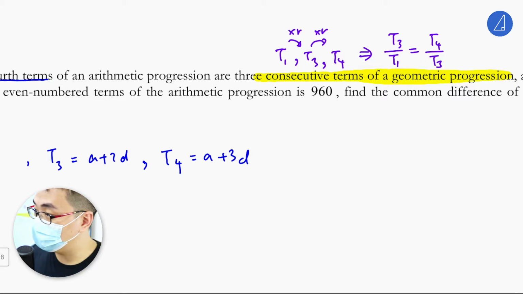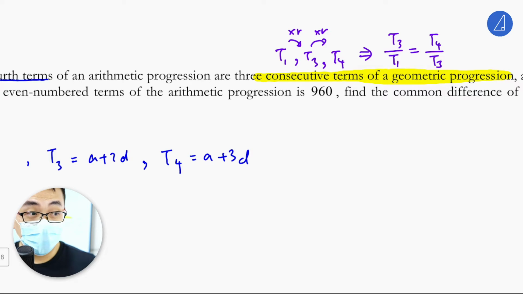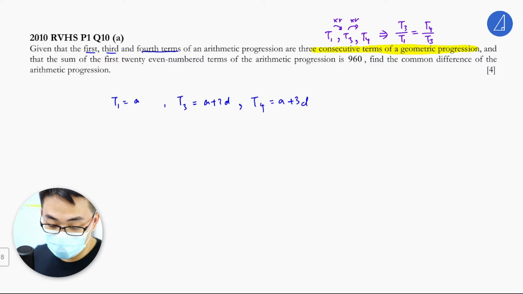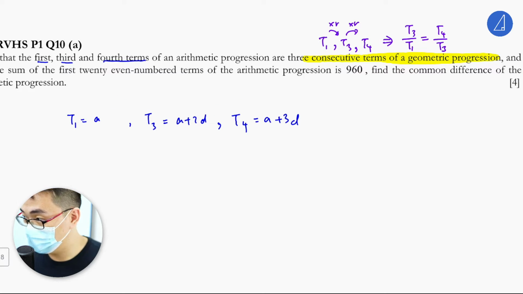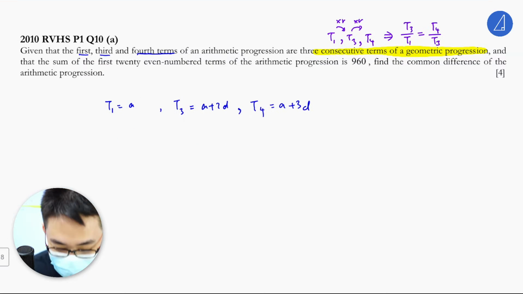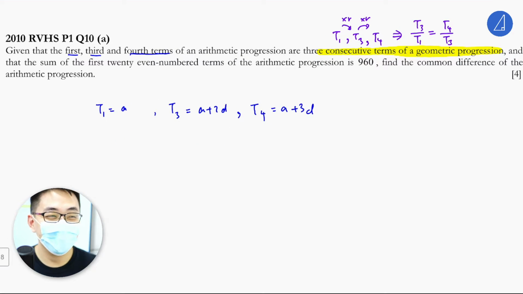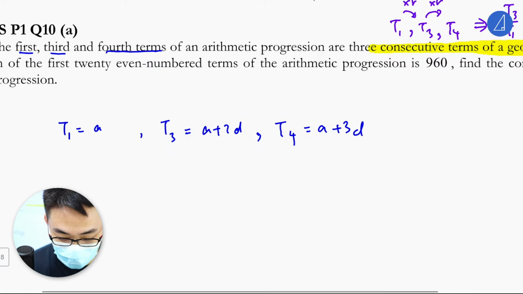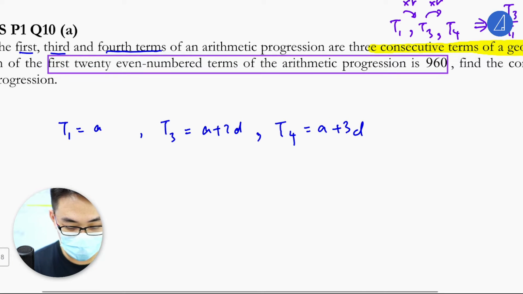So for each part of the sentence, try and siphon out some information. So this is actually a common ratio. Okay, so settled. This one I'll put aside first. I will explain later. The first 20 even number term is 960.